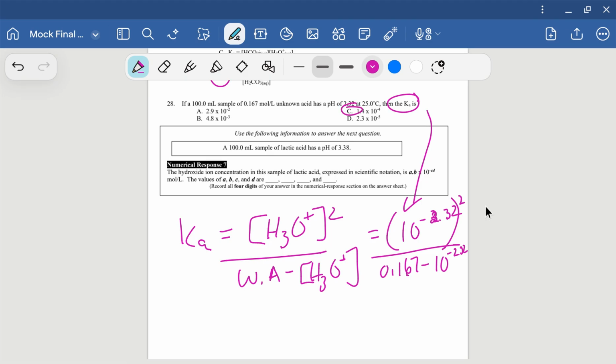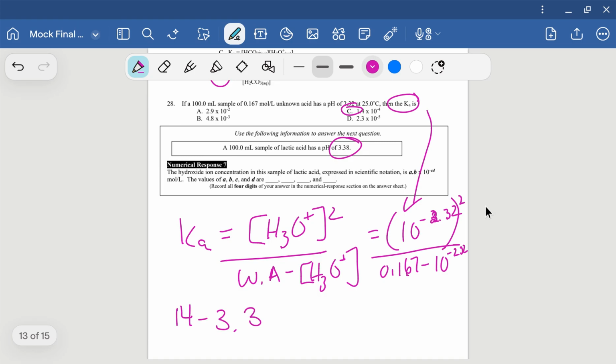And then looking at the next one about the, what is it saying here? Sorry, the hydroxide ion concentration. So looking at that, if you know the pH of the acid is 3.38, we can find pOH by subtracting it from 14.